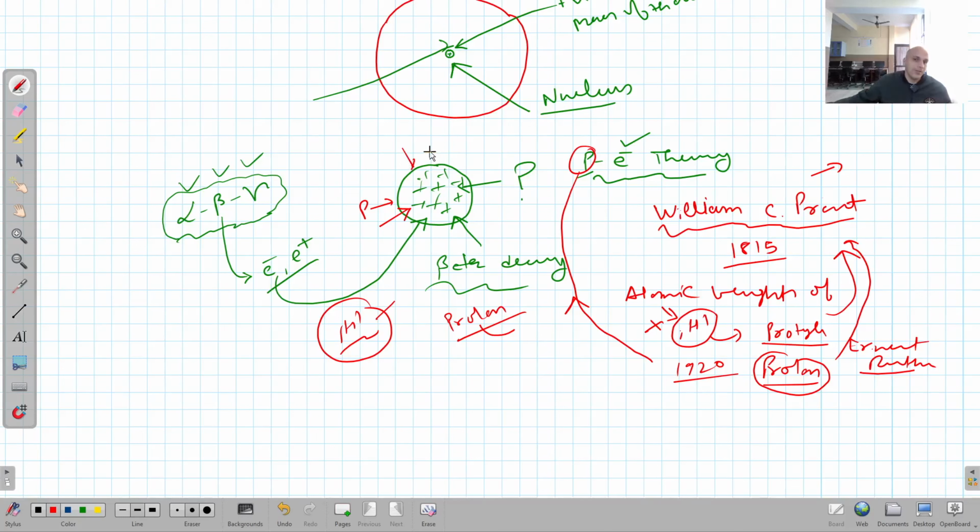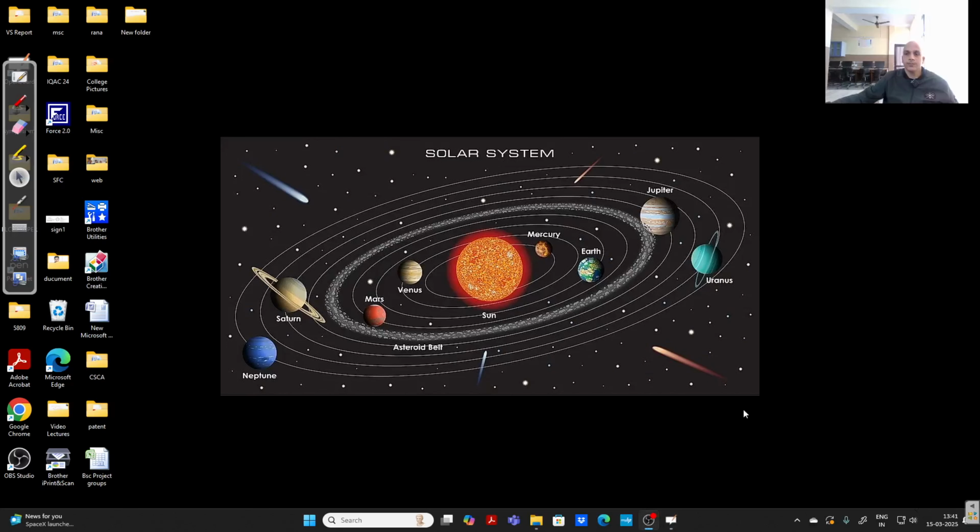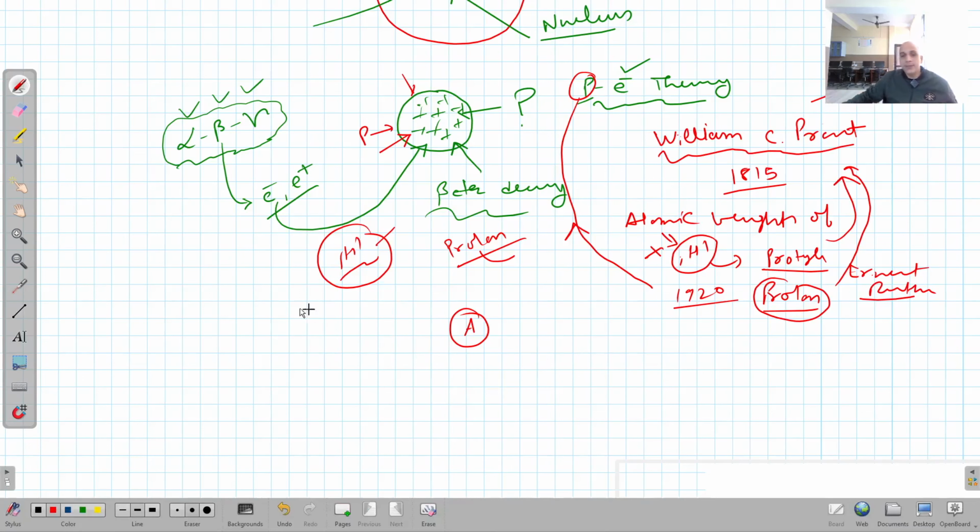Now there was one more feature in the atom. When we found the weight of the atom, it was found to be nearly an integral multiple of A. As we know, when the atomic weight of different atoms was examined experimentally, it was found to be very close to a number A, that is the mass number, an integral multiple in some cases, or slightly deviated from A. It means that A number of protons must be present inside the nucleus.